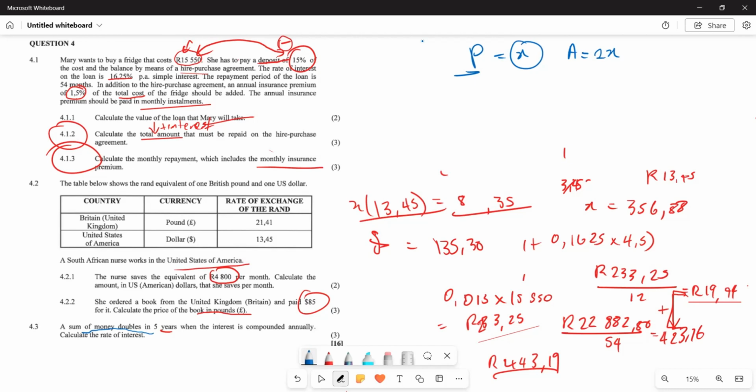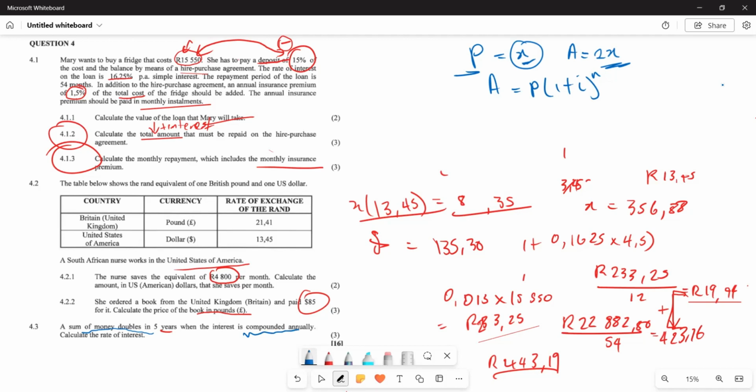Now, what is it that you are going to do here to calculate that? If this represents your principal amount P and this represents your accumulated amount, let's see what we can do. A is equal to P into 1 plus I to the power of N. And remember, we are using the compound formula because we are given that this is compounded.